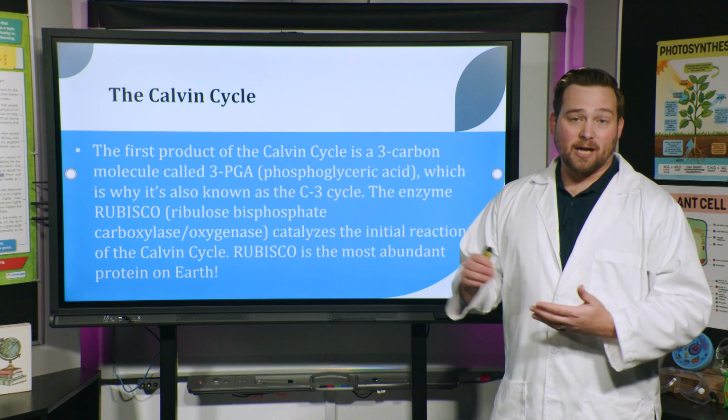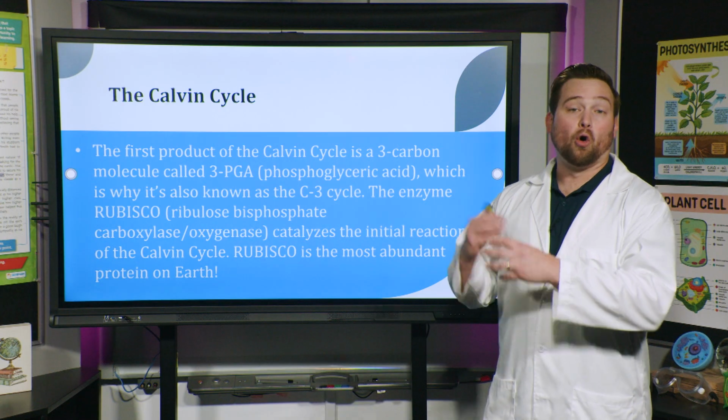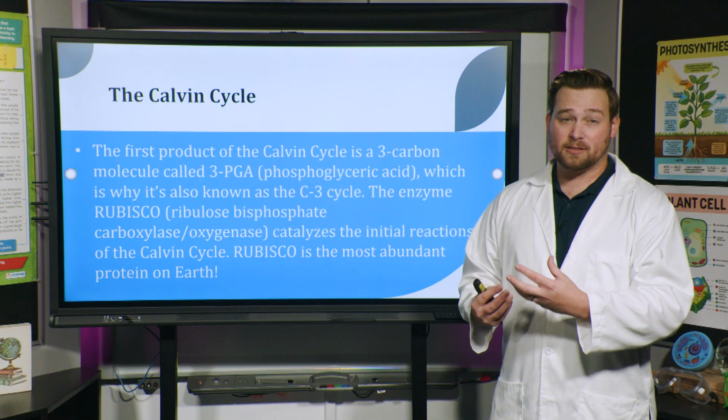Okay, an enzyme is used here called rubisco. Okay, rubisco catalyzes the initial reactions of the Calvin cycle. Rubisco is one of the most abundant proteins on Earth. Okay, so this is like an older form of photosynthesis.